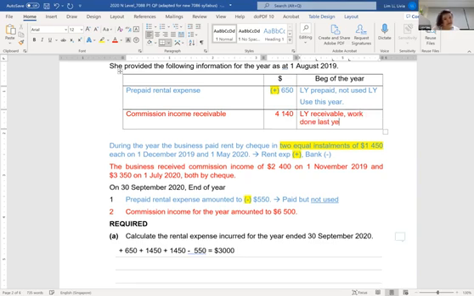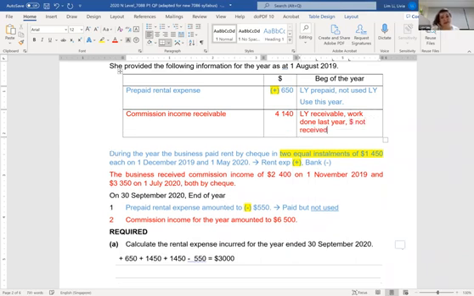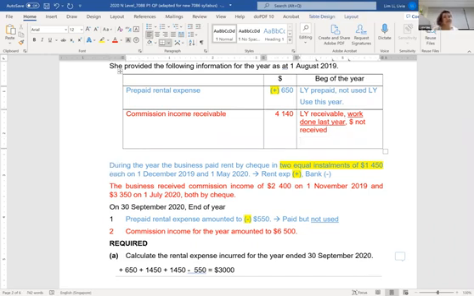Work done last year, money not received. That is what it means by a receivable at the beginning of the year. The whole point is that the work was done last year. So even if you received the money this year, was the work done this year? No, it wasn't. Key point, important point, work was not done this year.